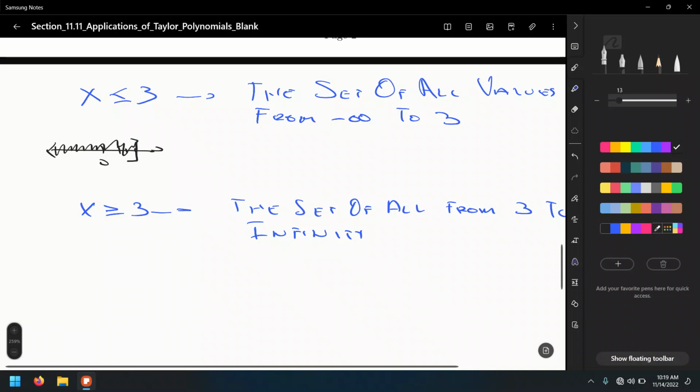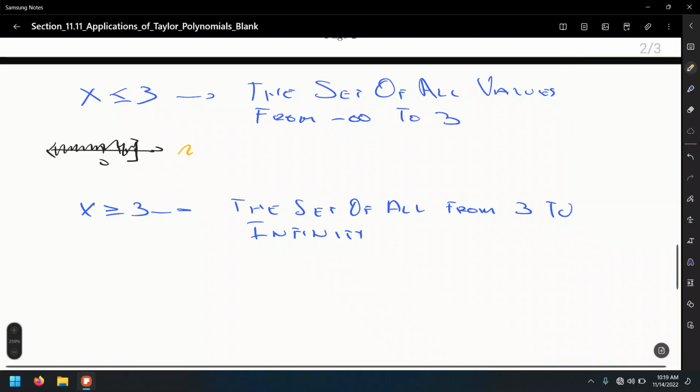So another way to interpret this inequality is to say that this set has a maximum value equal to 3. So this set can contain any number from negative infinity up to 3, but the largest value that this set attains is the value of x equals 3.